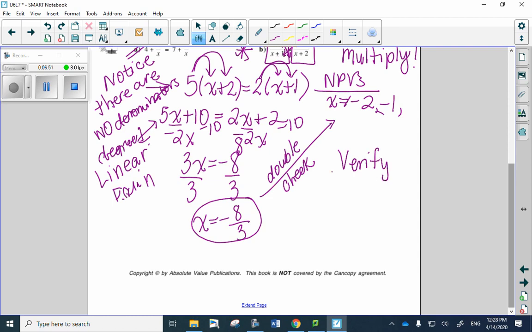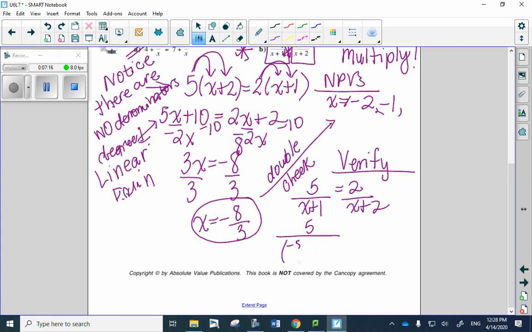So my original equation was, I think, 5 over x plus 1 equals 2 over x plus 2. So substitute negative 8 over 3 for our x. So this is going to be written as 5 divided by negative 8 over 3 plus 1 equals 2 over negative 8 over 3 plus 2.